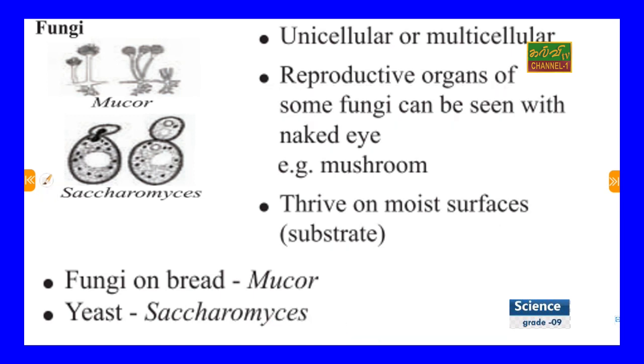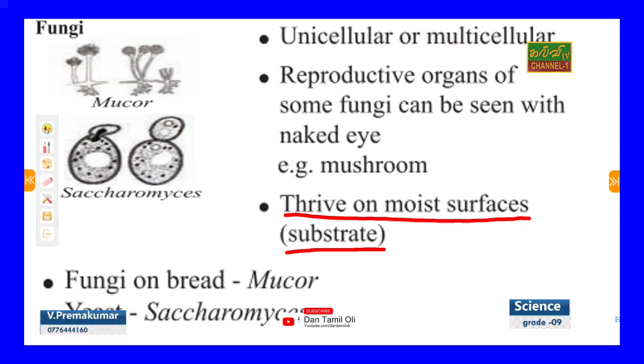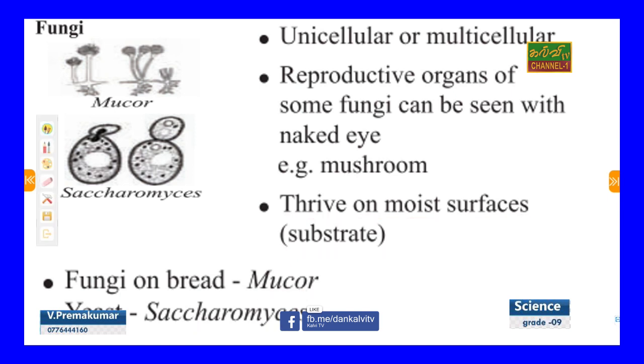Anyway, they said fungi thrive on moist surface substrate. Fungus on bread is called Mucor. Yeast is Saccharomyces. You know the italic terms found here, slanted letters, right? This slanted letter indicates the special name of the organism. The common name is yeast.